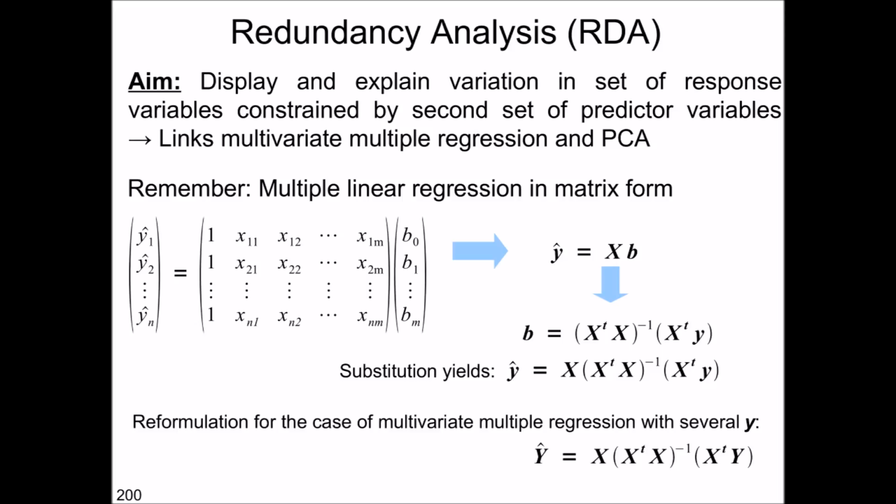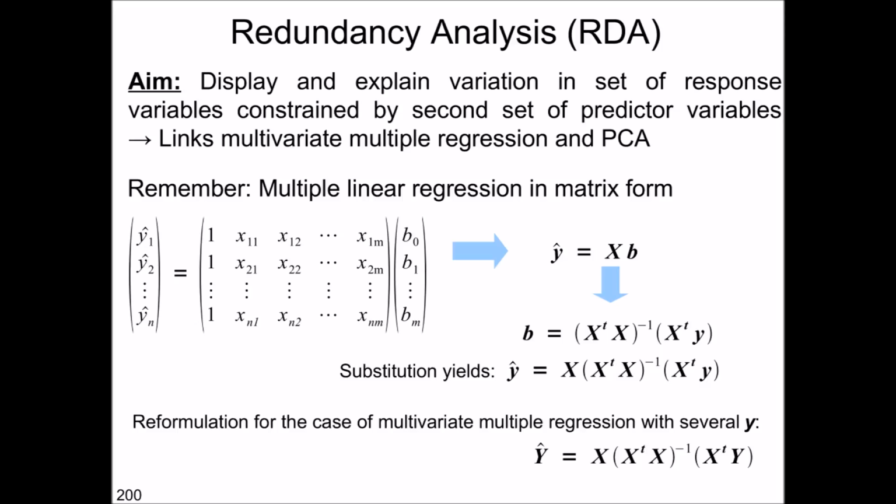So remember how we conducted the multiple linear regression analysis in matrix form. It's just copy and paste from our slides that we discussed in the context of linear regression analysis. So we have the response vector, and in multiple linear regression analysis we obtain a fitted response vector, that's the fitted y's.